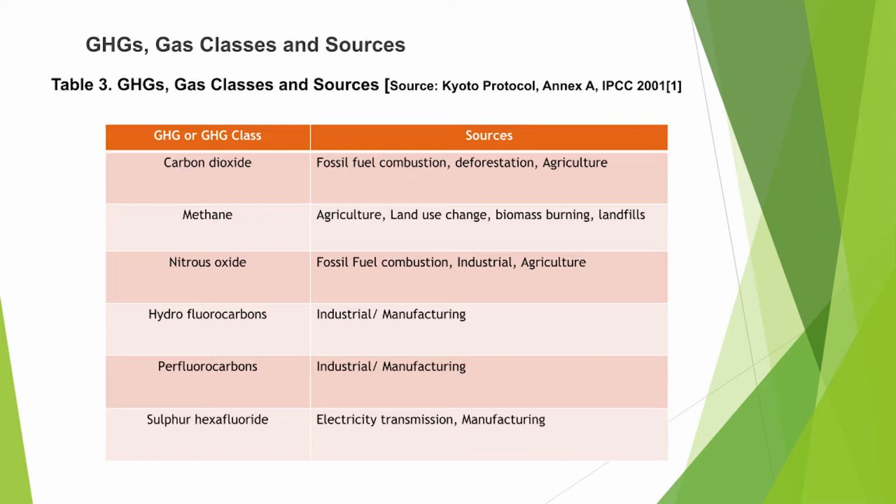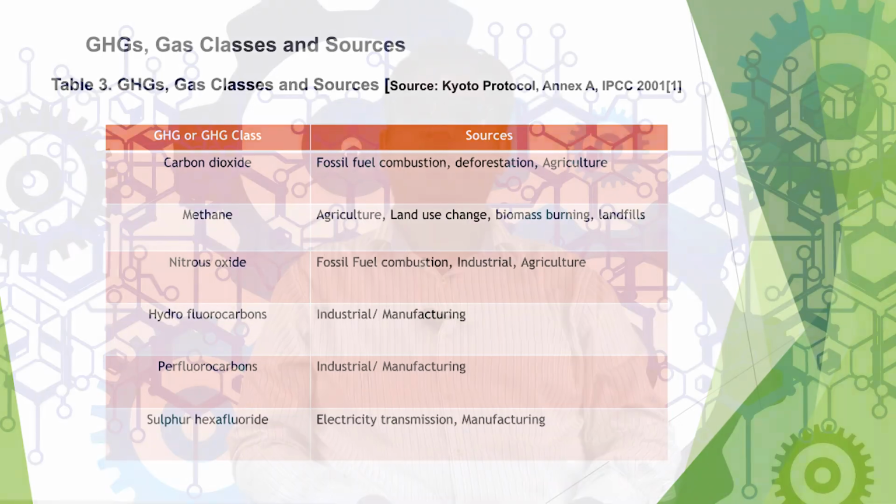For nitrous oxide, the main sources are fossil fuel combustion, industrial and agricultural. Hydrofluorocarbons, industrial and manufacturing. Perfluorocarbons, industrial and manufacturing as well. And sulfur hexafluoride comes from electricity transmission and manufacturing industries.